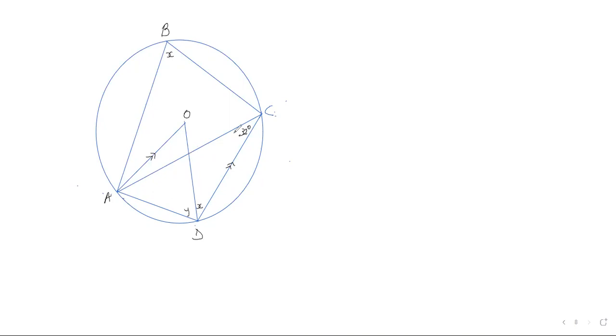Now, ABCD is a cyclic quad. It's obvious that ABCD is cyclic because the vertices are lying on the circumference of the circle. We're also given that AB is parallel to the other side, but angle C here is 32 degrees.